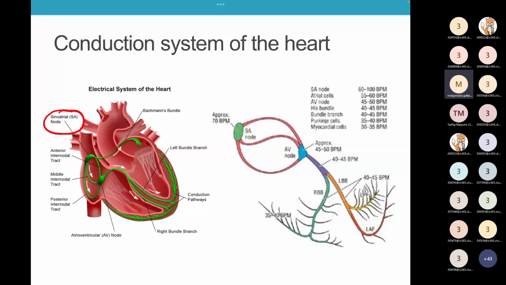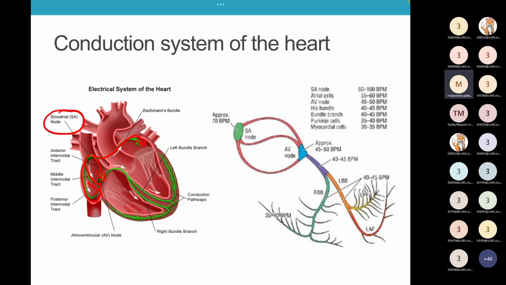The action potential which is generated in the sinoatrial node is then conducted by the intranodal pathways to the atrioventricular node. There are three intranodal pathways, and additionally, the action potential which is generated by the sinoatrial node, which is located in the right atrium, is conducted by the Bachmann bundle over here to the left atrium.